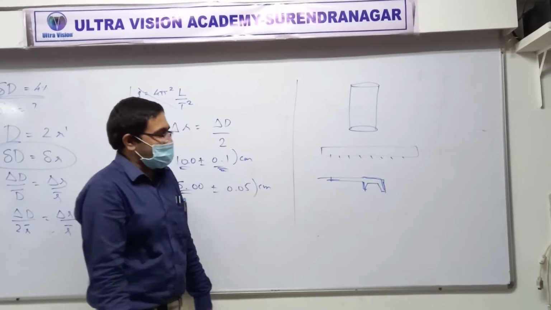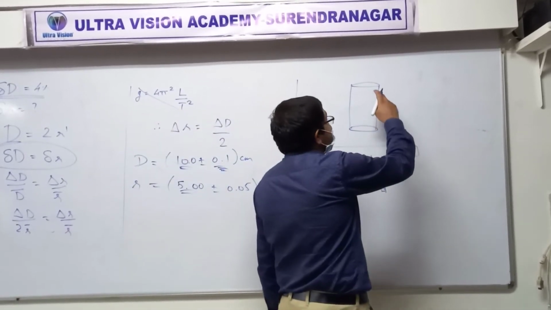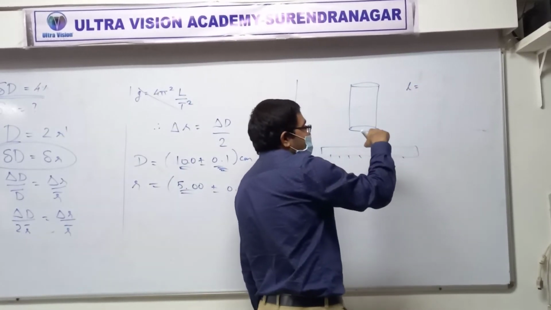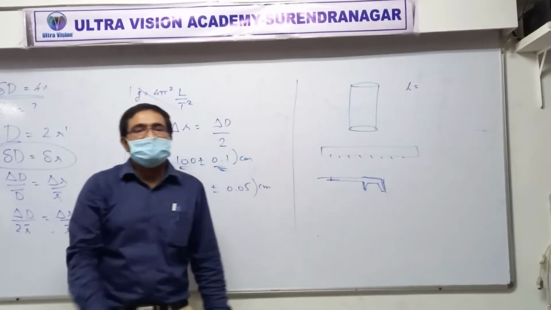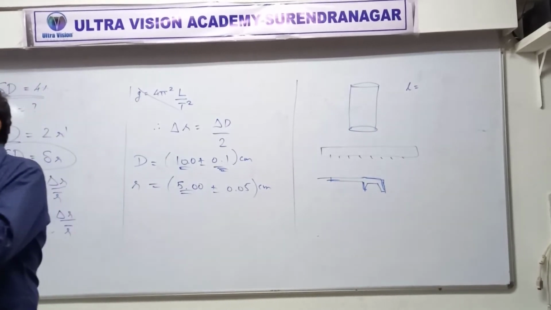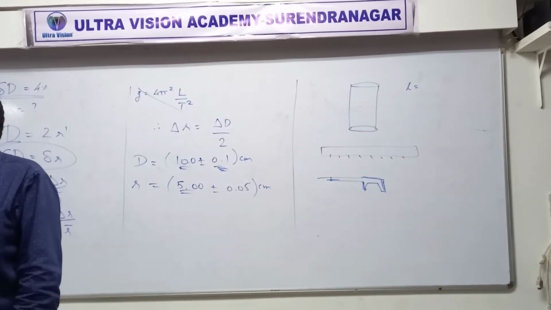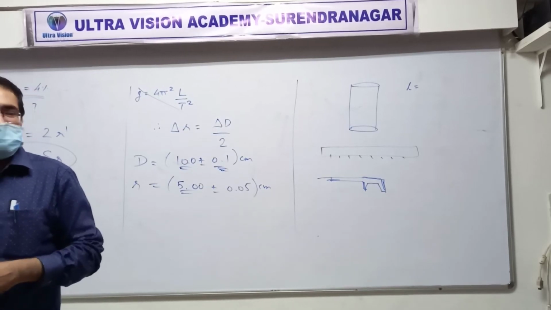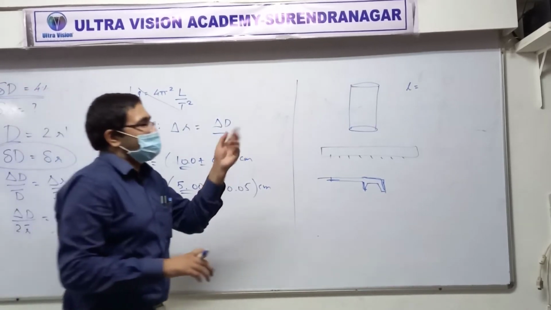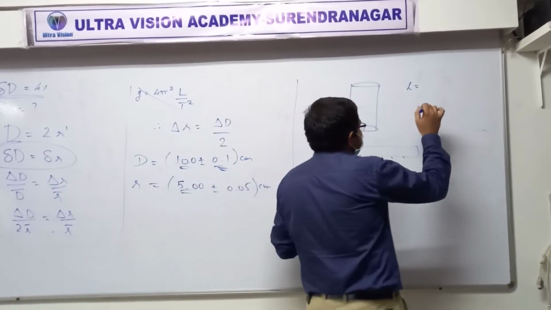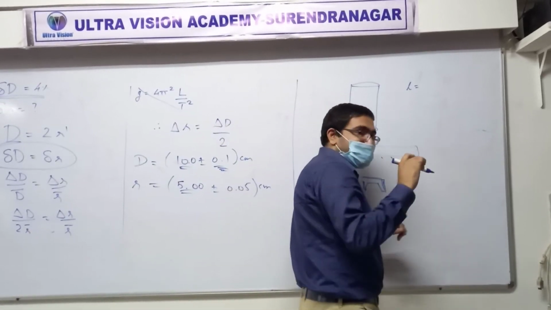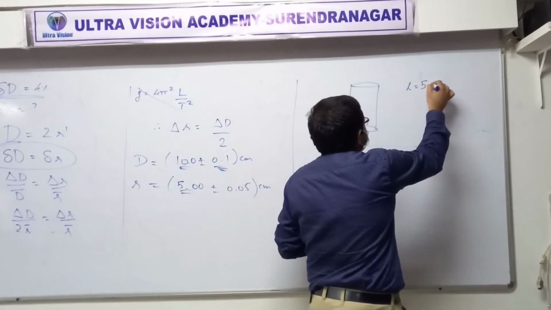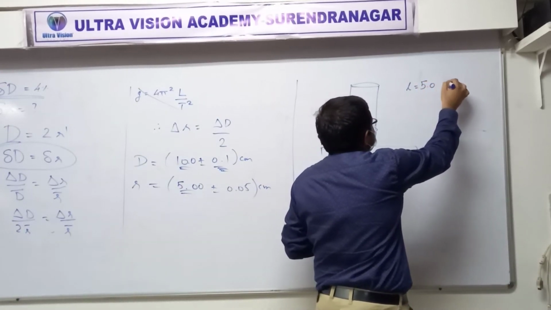So what have we decided? What are we doing? We are measuring the length using what? Read the question. Length is measured using a meter rod. Okay, and how much is the measured value of that length? 5.0 centimeter.